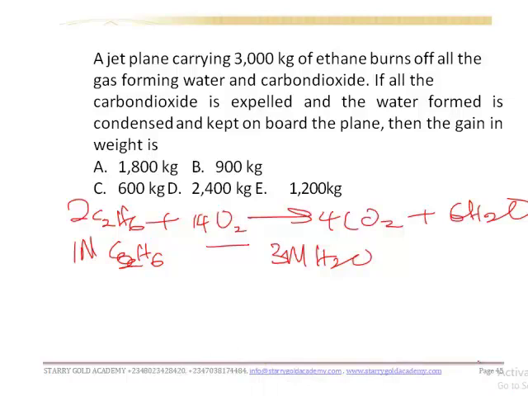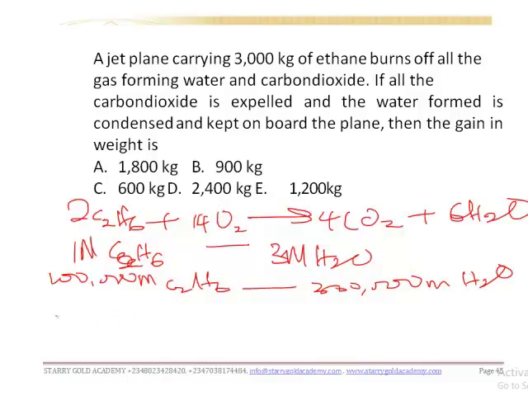Then we have 100 metric ton of C2H6, you give us 100,000 of H2O.